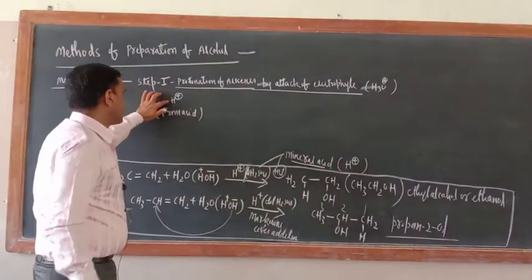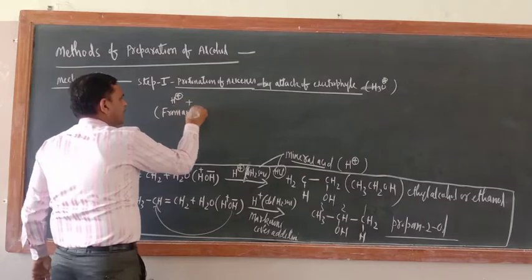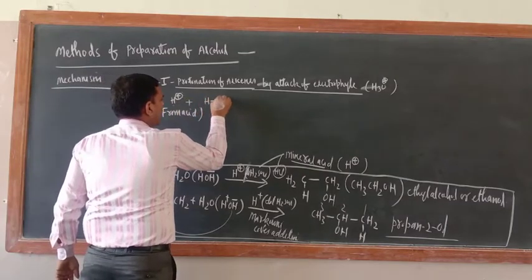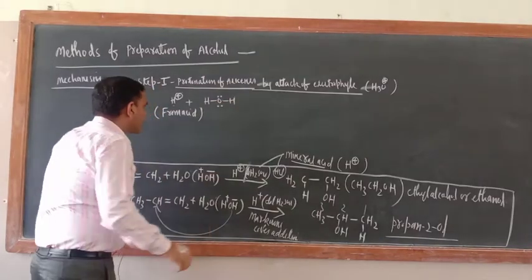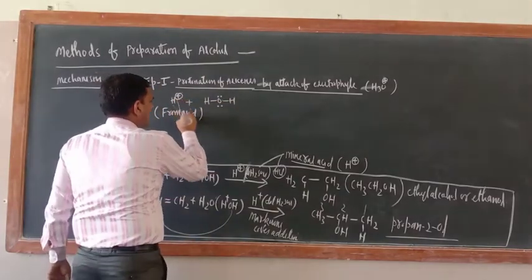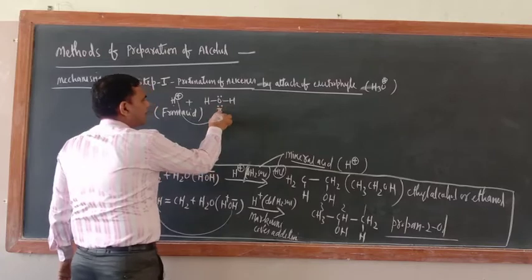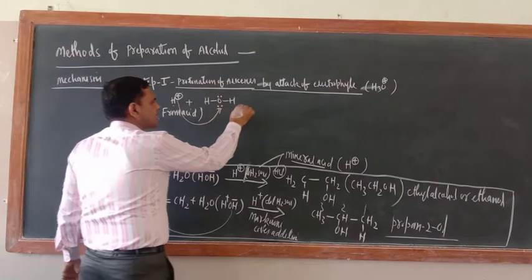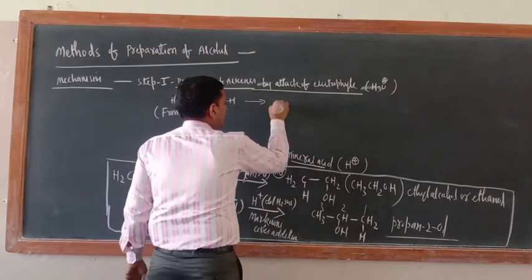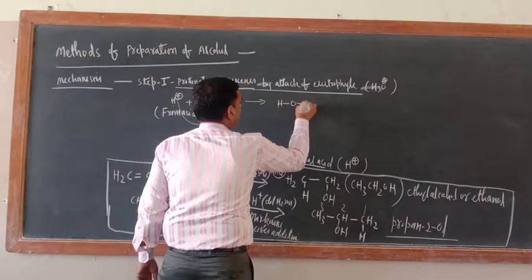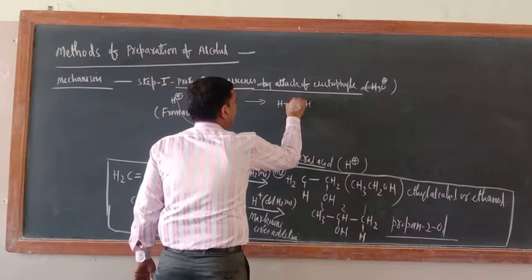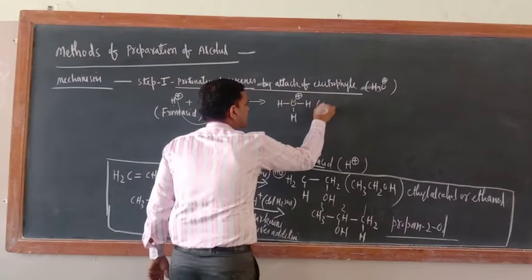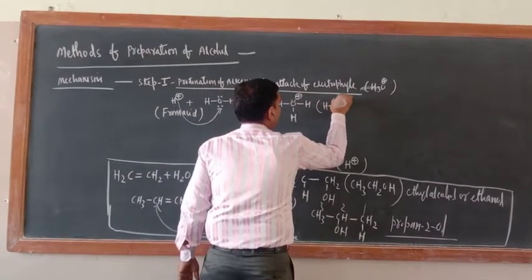This H positive will react with HOH, which is water. It is an electron-deficient species, so it will bond here, because a lone pair of electrons is there. So now this would be H, O, H and H, with a coordinate bond and a positive sign. This is H3O positive.